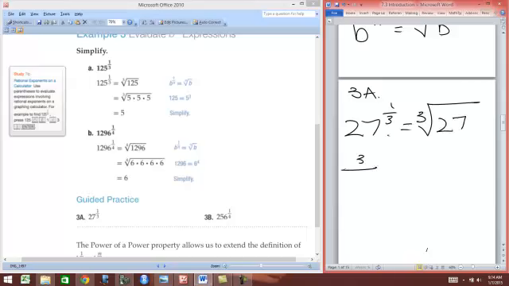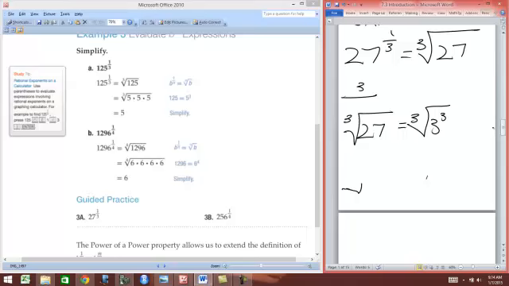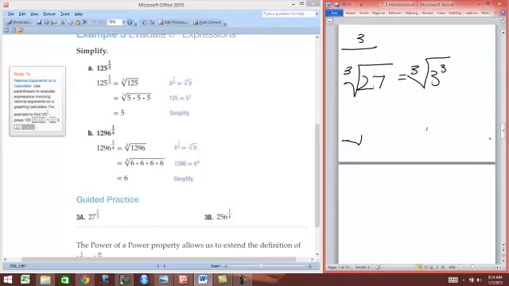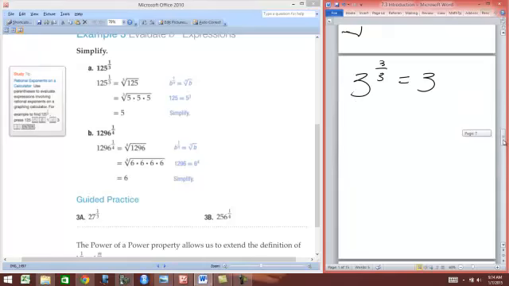The cube root of 27 equals the cube root of 3 cubed, which equals 3 to the 3 over 3, which is 3. All right. Now, you don't have to do all that stuff in between. You can just figure this out, okay? But just so you know where this is going.